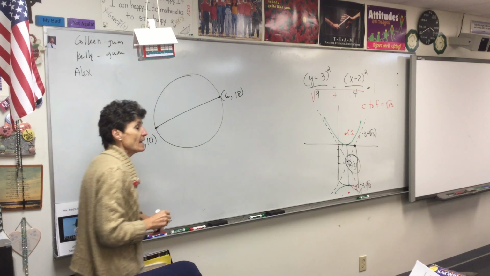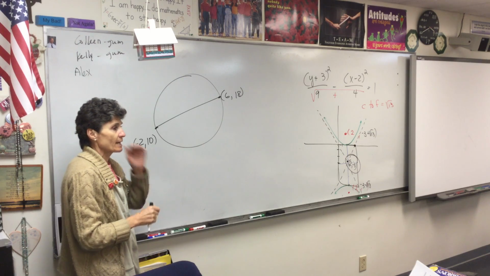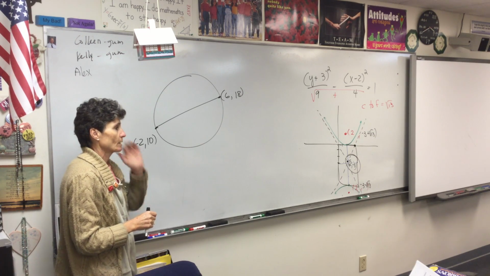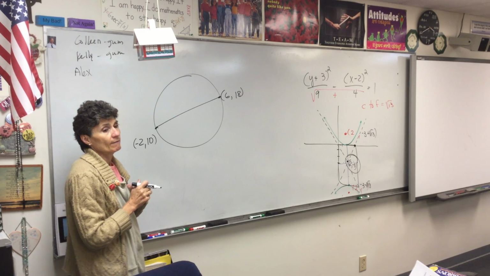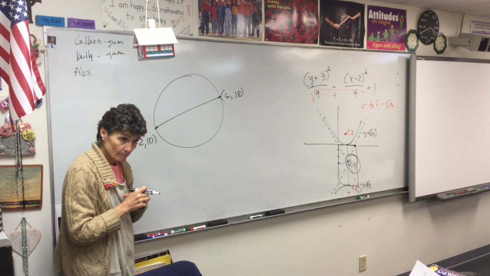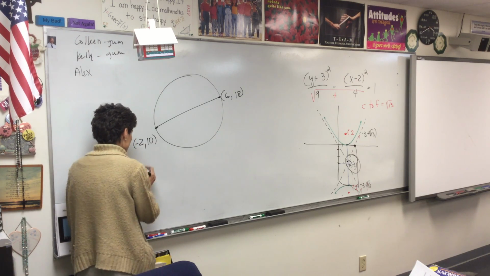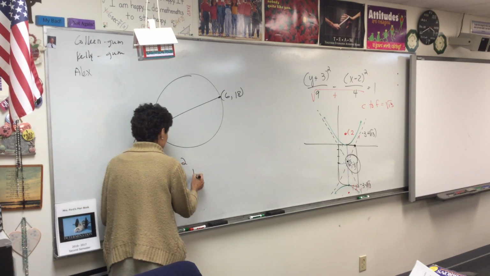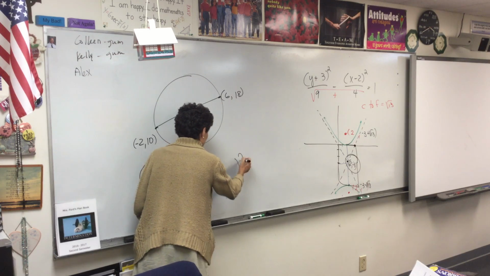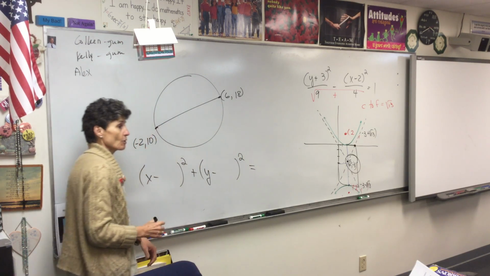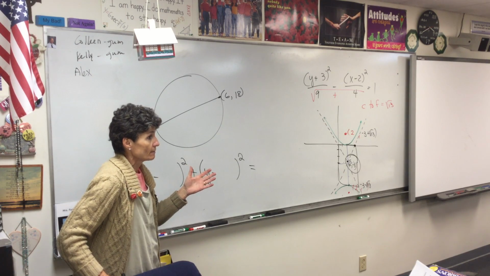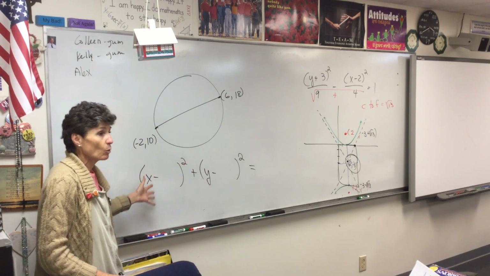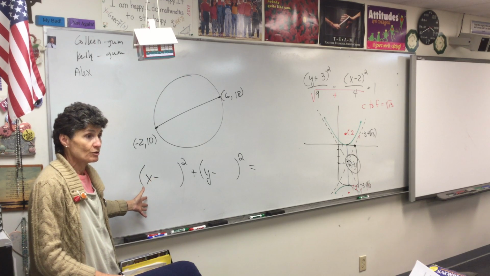Okay, so there are the end points of the diameter, and your job is to write the equation of the circle. So you know that a circle looks like this. Circles are the ones that you have to do the completing the square for. And isn't that the kind of equation you always end up with when you do that?